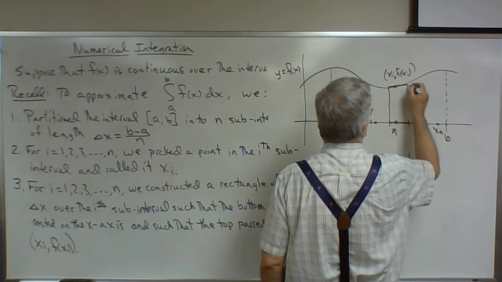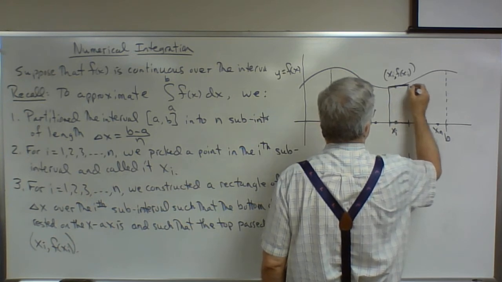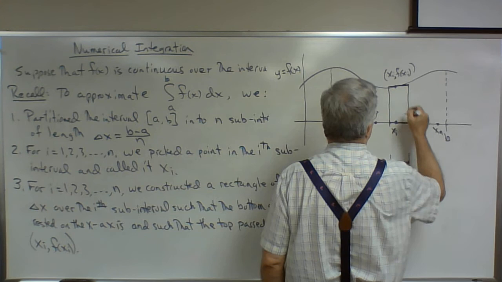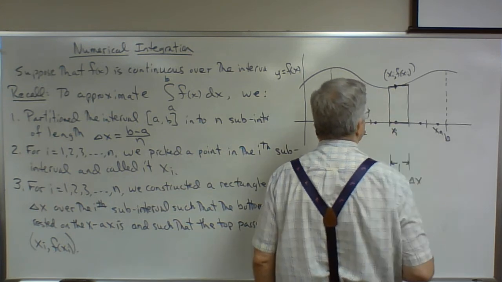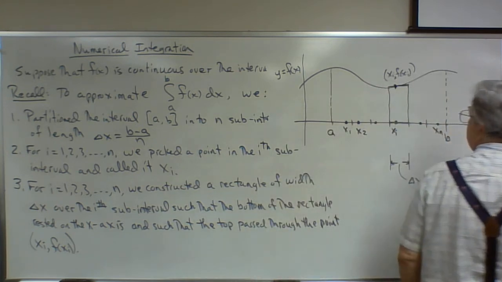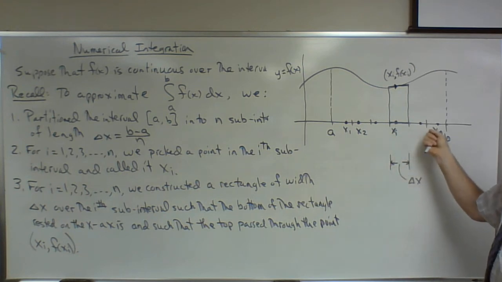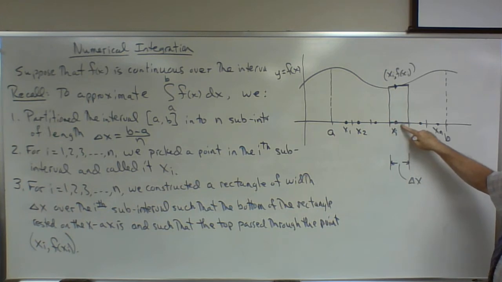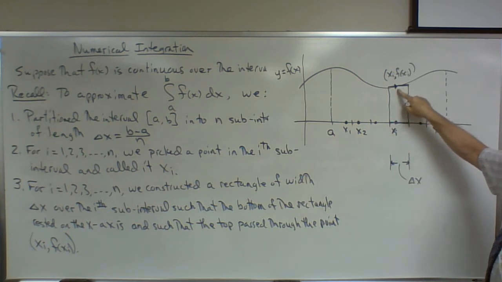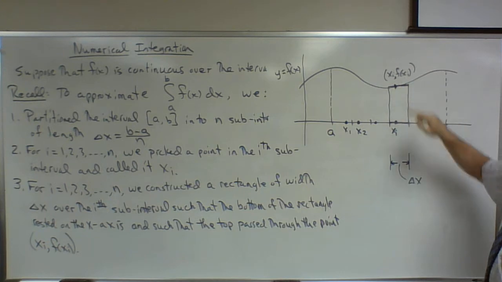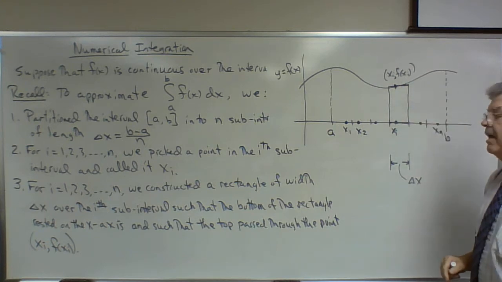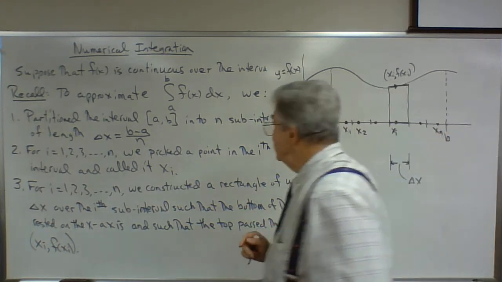So here's our ith subinterval. It has width delta x, as do all of the subintervals. The bottom rests on the x-axis. The top goes through the point x sub i, f of x sub i. And we do that over each subinterval.